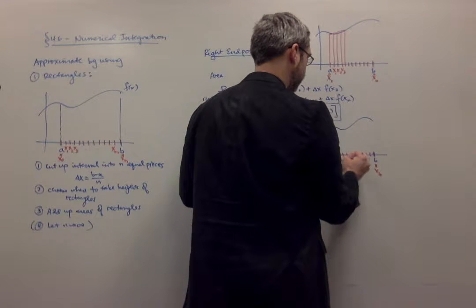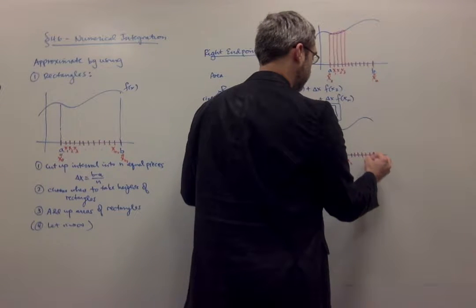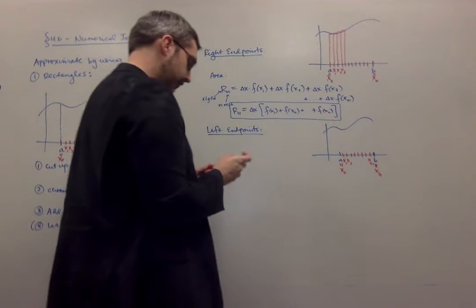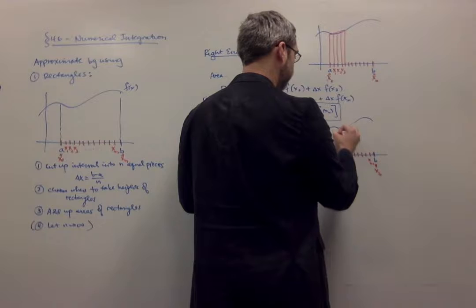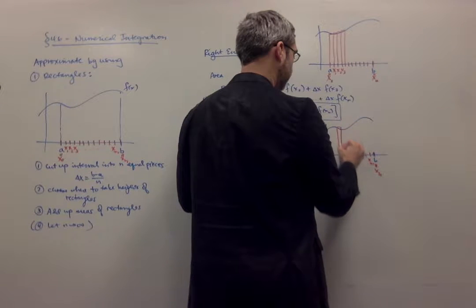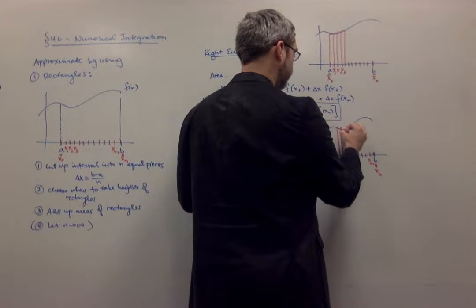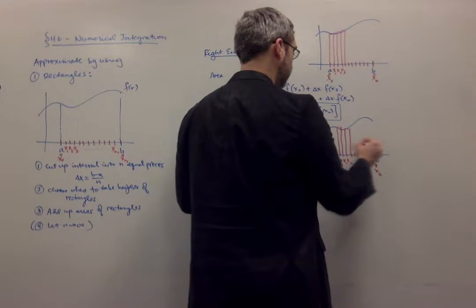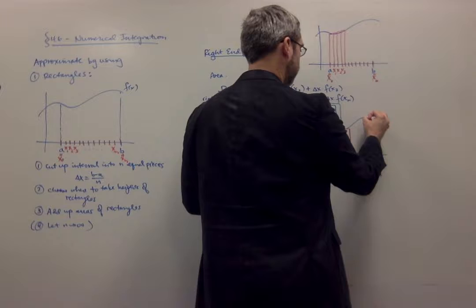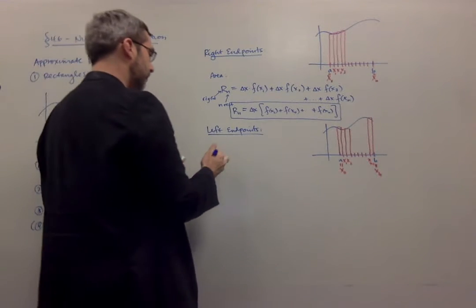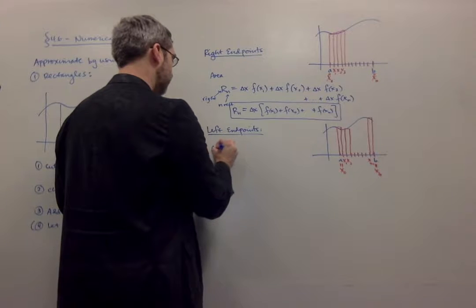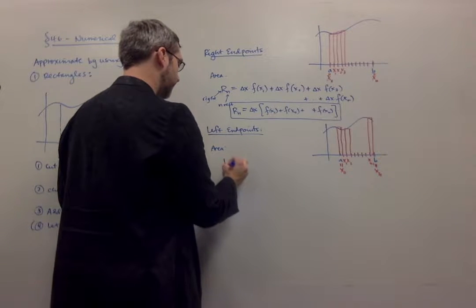I'm going to call this x1, x2. The one before the last one is x sub n minus 1. So what I'm going to do is I'm using left endpoints this time. Okay, and the last one looks like this. Okay, so the area here, we're going to call this L sub n.